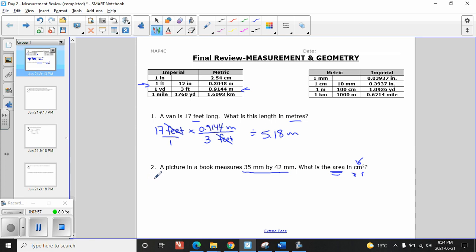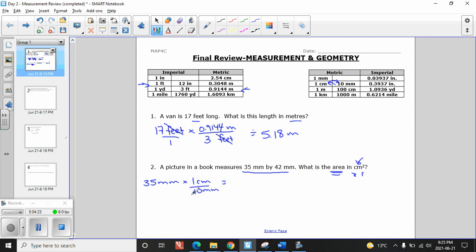This is one of the easier ones, going within the metric system. Millimeters to centimeters. The conversion is just multiplying or dividing by 10, depending which direction you're doing your metric conversion. So 35 millimeters, I'm going to multiply by 1 centimeter per 10 millimeters.